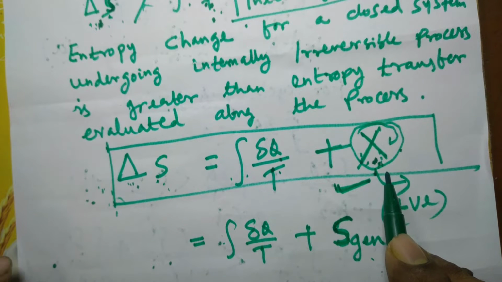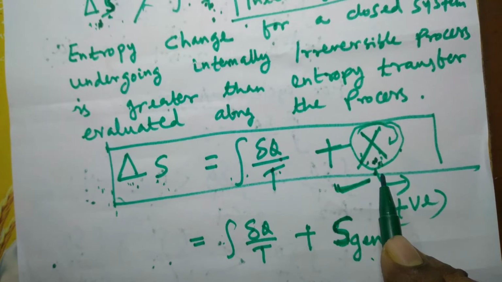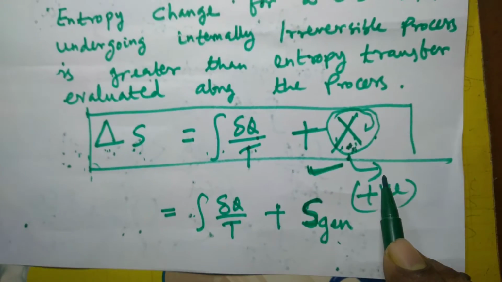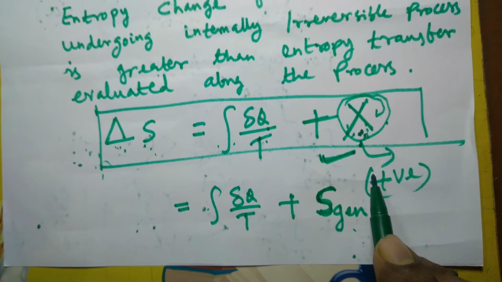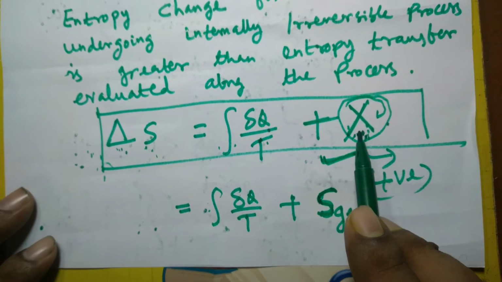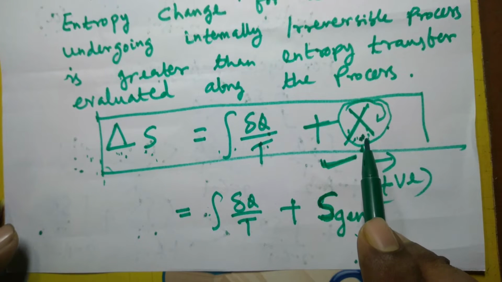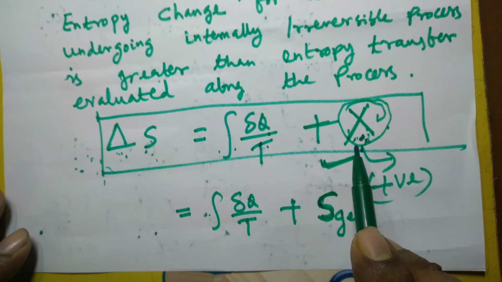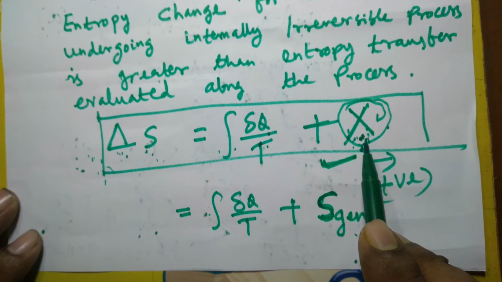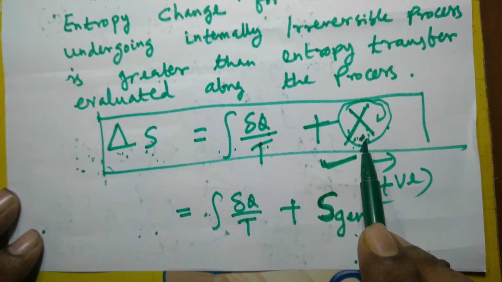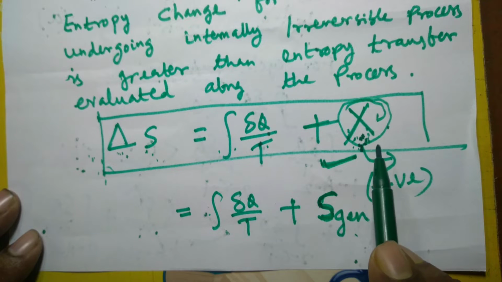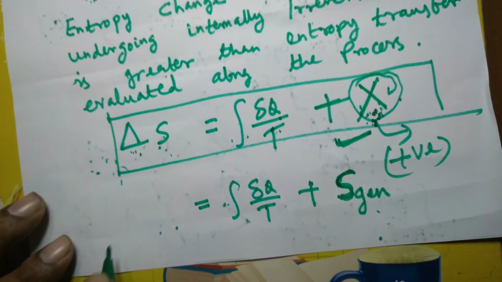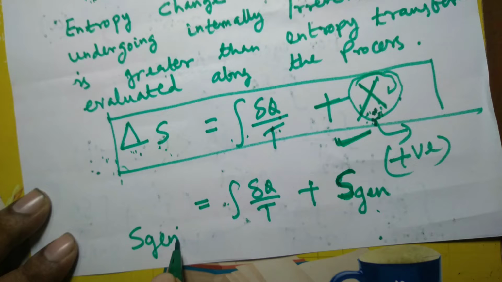Entropy is produced during a process only because of irreversibilities or losses like friction, surface tension, etc. That's why the entropy generation is dependent on the process. It is not a property or point function, it is a path function, because for a reversible process it is 0 and for an irreversible process it is always positive. Entropy generation can never be negative.